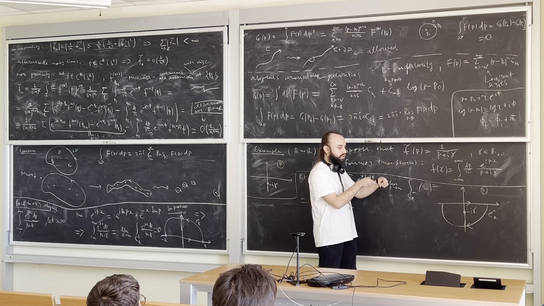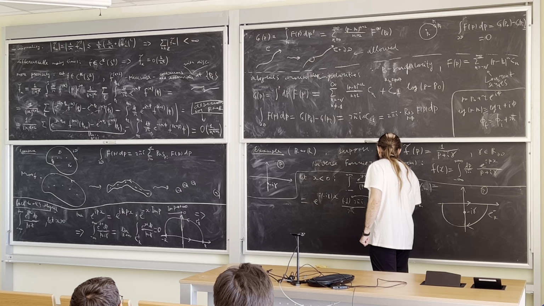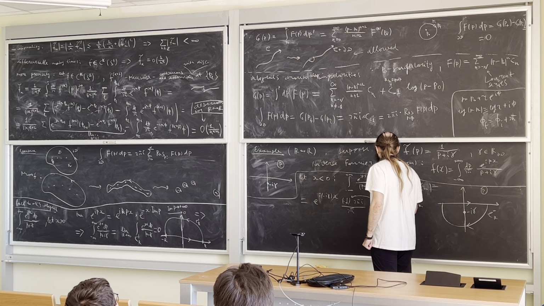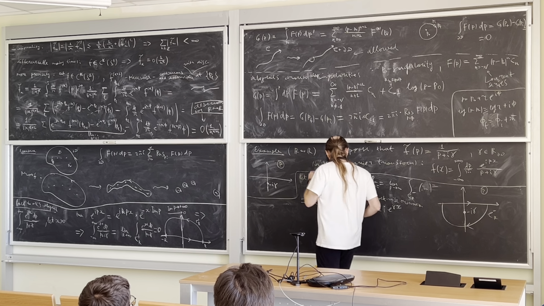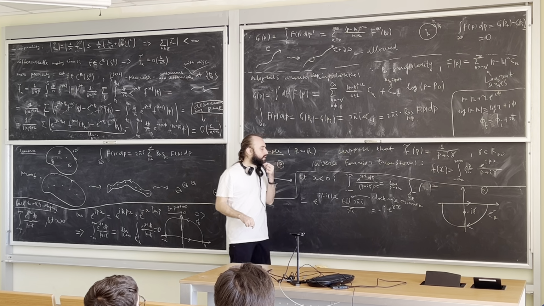So in total, it is minus i e to gamma x. So the answer for this function is the following.